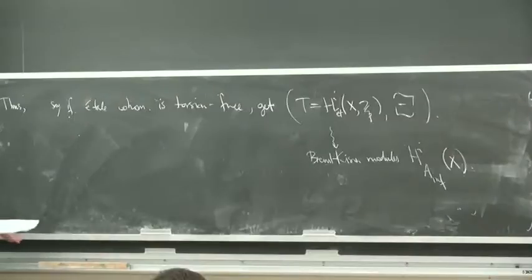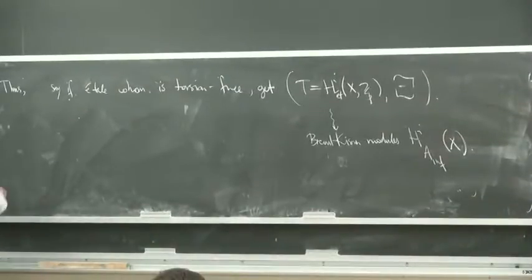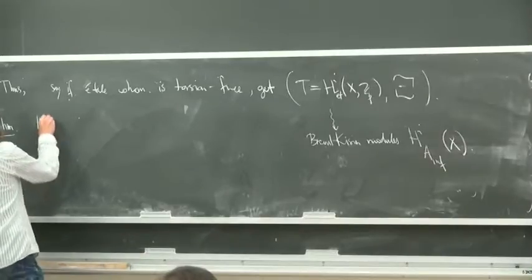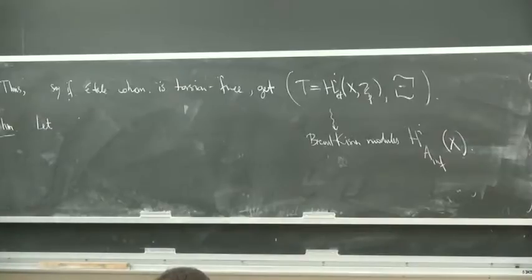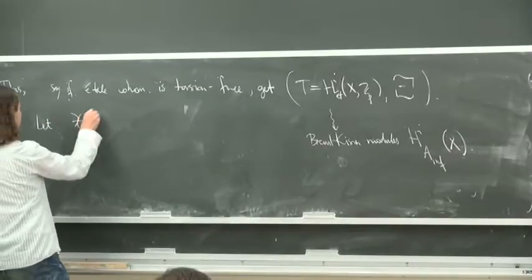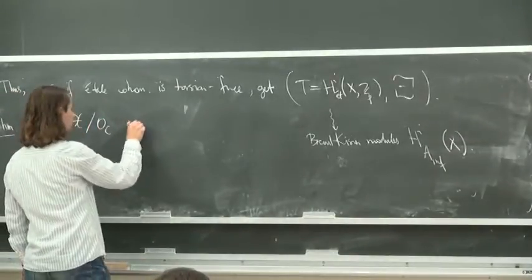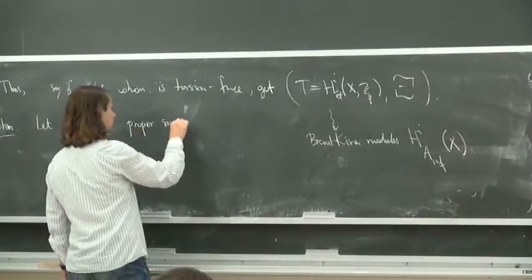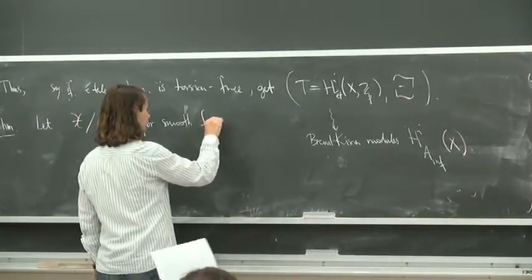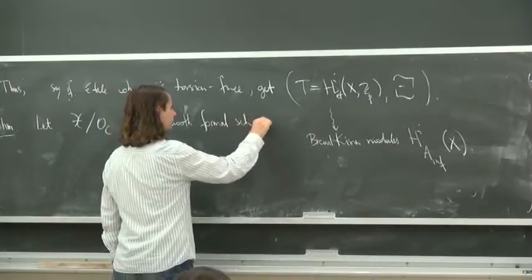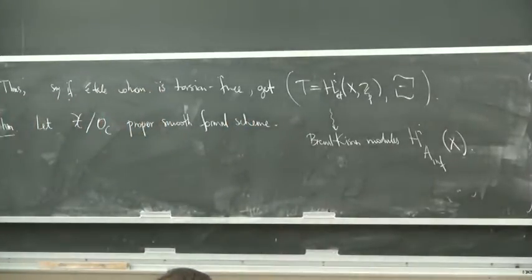You get an isocrystal. And so our theorem is the following. It's not written, but we are convinced that we have all the arguments. So let's put ourselves in a good reduction case. Let X over O_C be a proper smooth formal scheme. I mean, the case of algebraic varieties is interesting enough, but it doesn't matter for us whether they're algebraic or not.